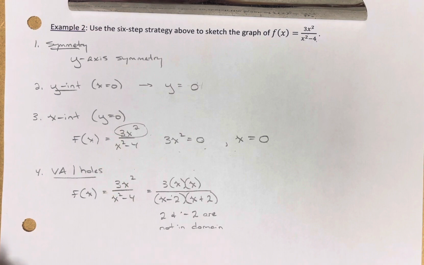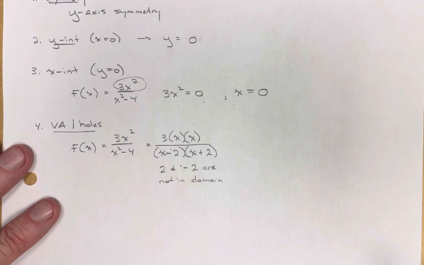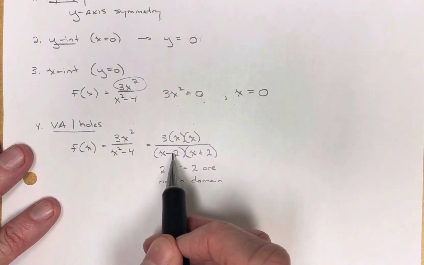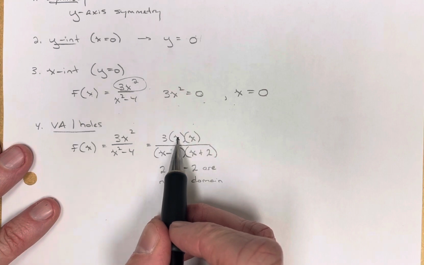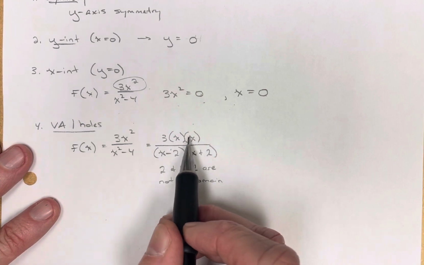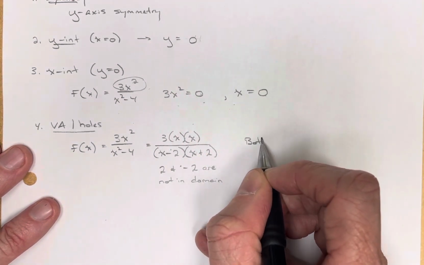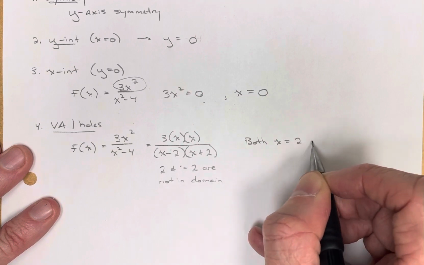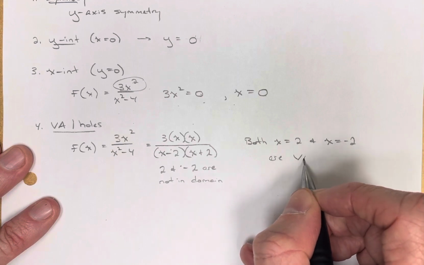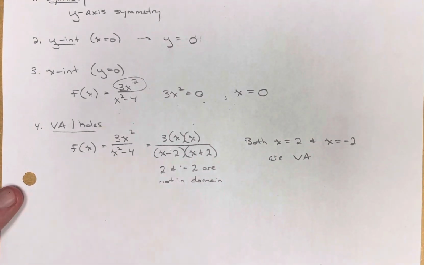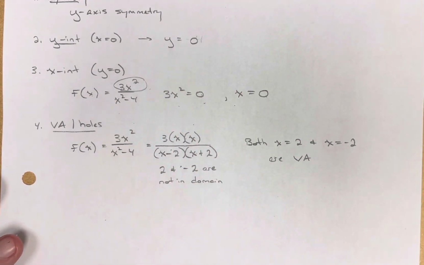Are they vertical asymptotes, or are they holes, or do I have one of each? Well, you'll notice that the x minus 2 factor is not in the numerator. The x plus 2 factor is also not in the numerator. So both x equals 2 and x equals -2 are vertical asymptotes. They are not holes because there is not a common factor in the numerator.